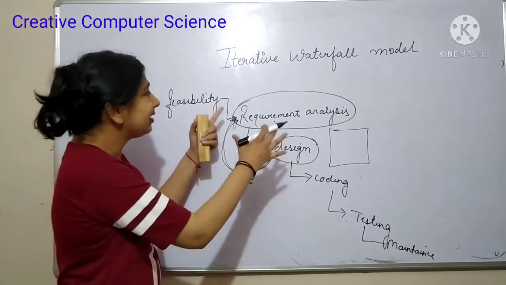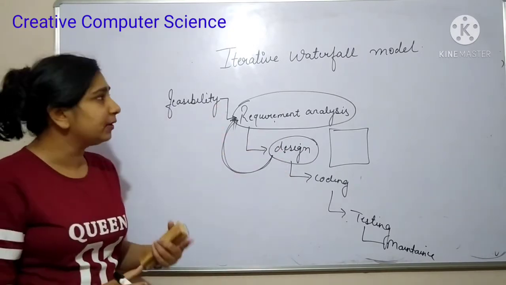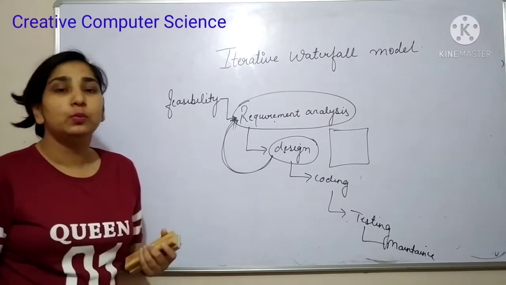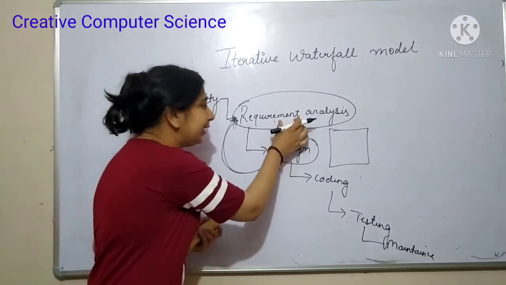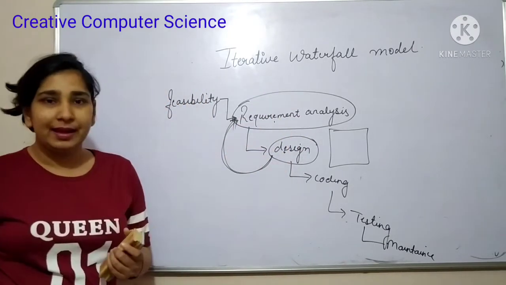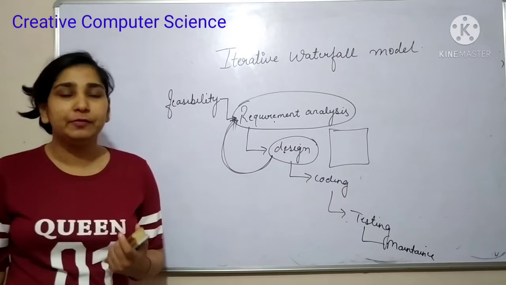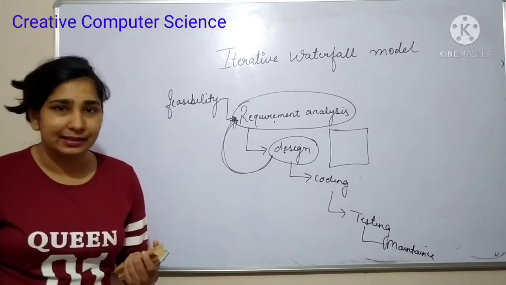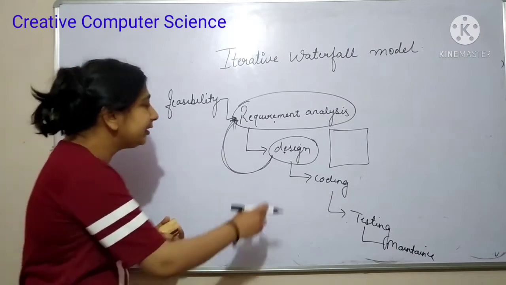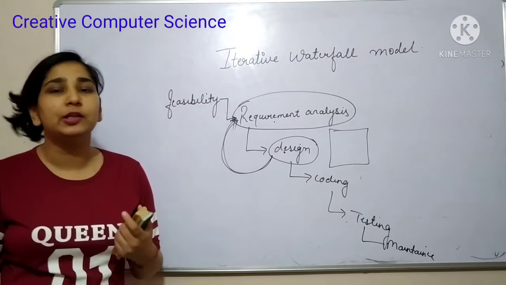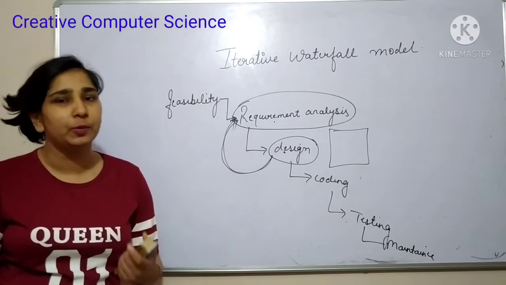This classical waterfall model is a fixed model. Once you have collected your requirements, you move to the designing phase. While designing, if you find that you want to add one more functionality, you cannot add more requirements or functionality in your product.